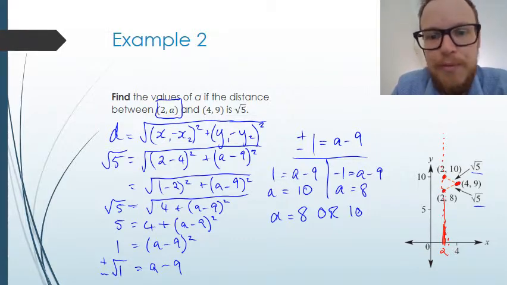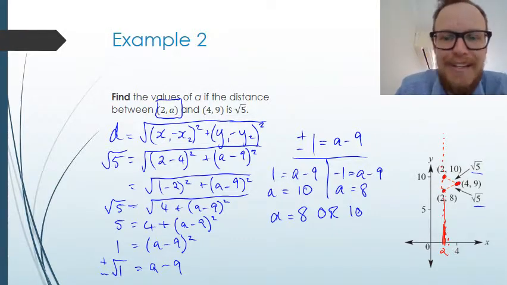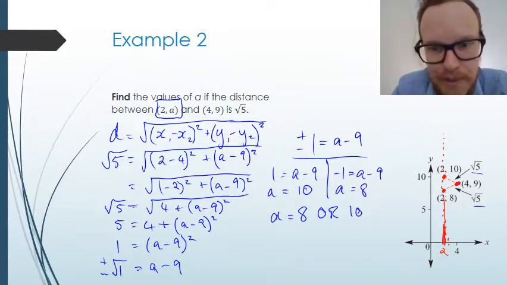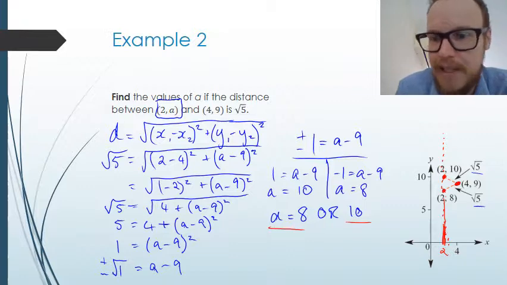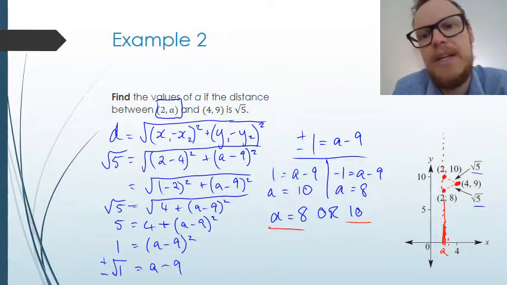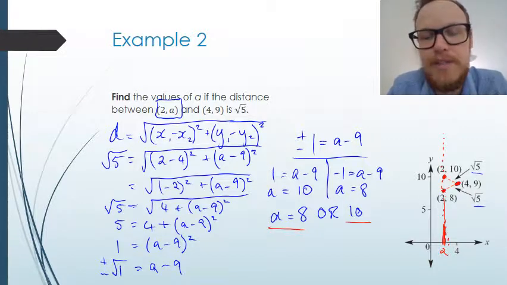And so that's why we get two possible solutions, that a equals 8 or a equals 10. There are two possible solutions here. That's the reason why, because with that same length of rope, we'd be able to hit once on that line and once on the line again at the same kind of equal distance point below it.